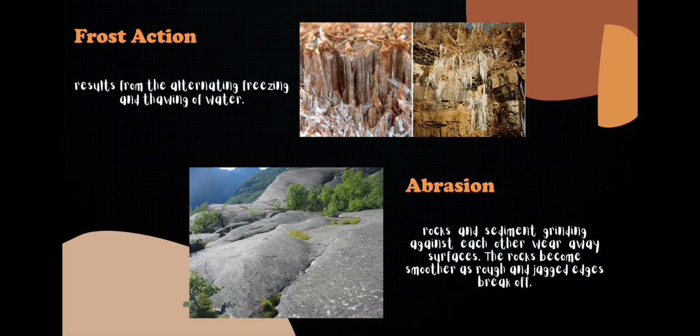Abrasion means rocks and sediments grinding against each other and wearing away surfaces. The rocks become smoother and rough, jagged edges break off. So it means that abrasion is an erosion phenomenon that happens as the material being transferred scratches away at a surface.